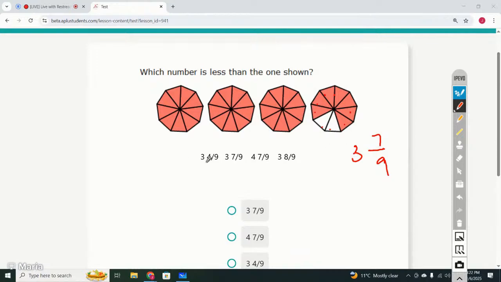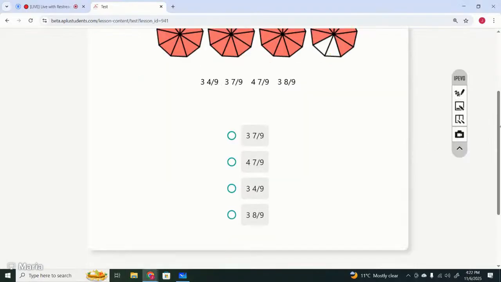So 3 wholes, start with the first one. 3 and 3 are equal. Look at their fractional part, 4 by 9. 3 whole 4 over 9 is less than 3 whole 7 over 9. The correct option is 3 whole 4 by 9.